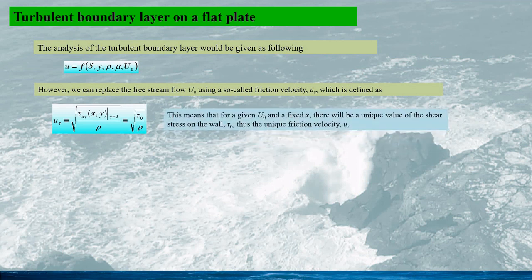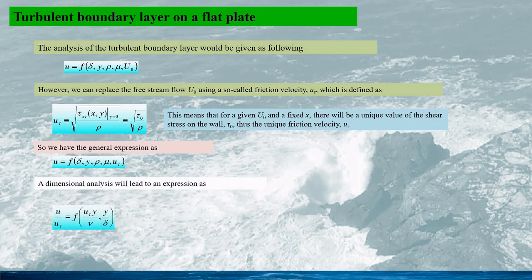This replacement can be justified since for a given u0 and a fixed x, there will be a unique value for shear stress on the wall tau 0. Thus, the unique friction velocity u tau. So after the replacement, we have the general expression for the velocity distribution as this.